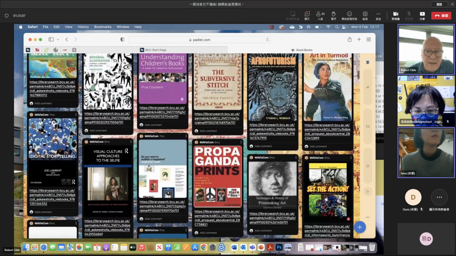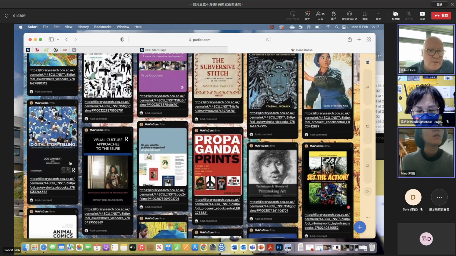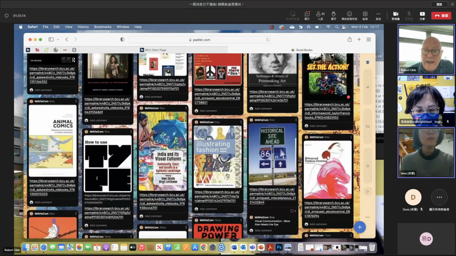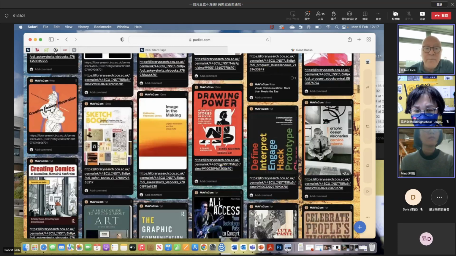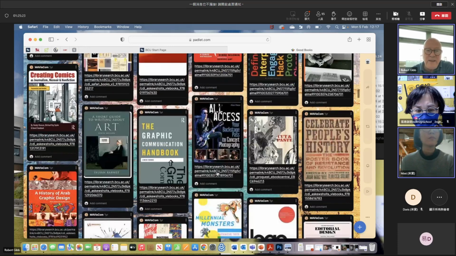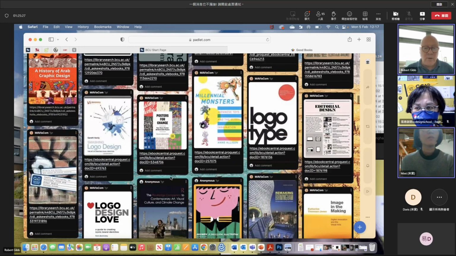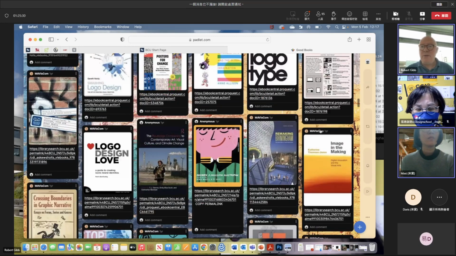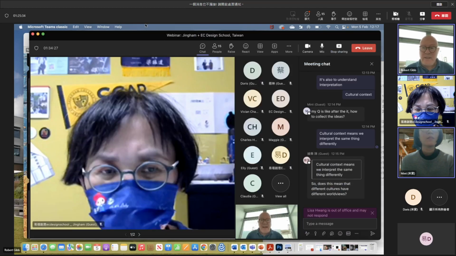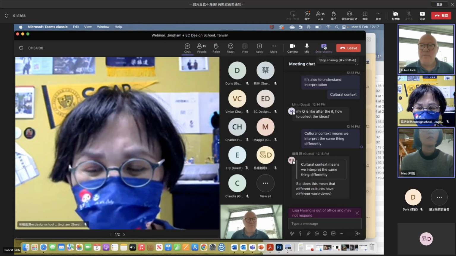So what we've done over the years, these are specific books. So digital storytelling is one that's really useful for narrative structure, as is fashion drawing and illustration, or type design, illustrating fashion, drawing power. So one of the things we say when it's, where do you collect ideas from? You literally will find them all over the place. So one of the things that we've done for years is this idea that literally everything around you can be an idea.